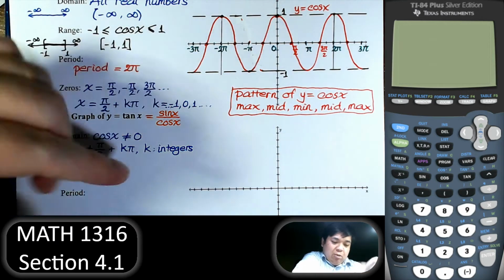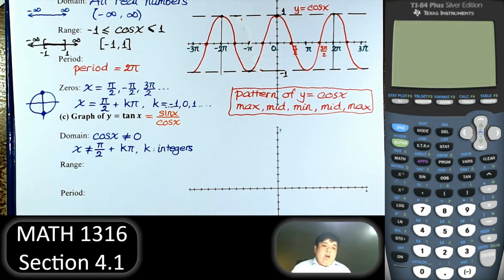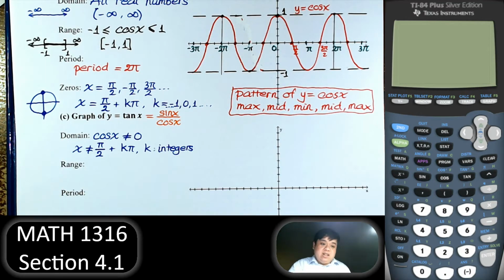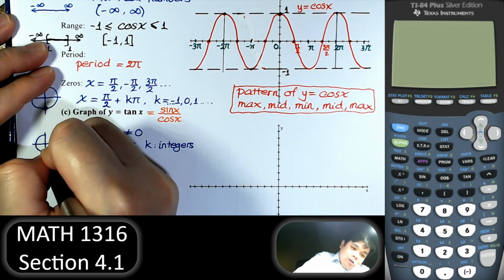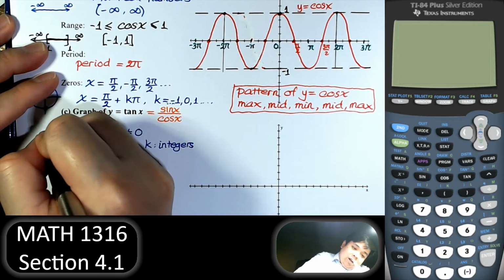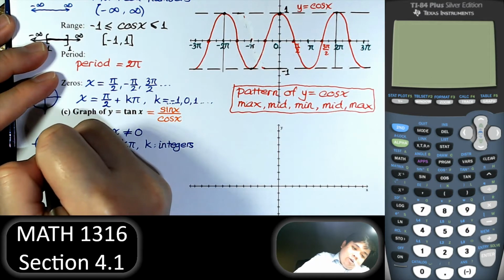Okay, I can list them or just say integers, right? Because I cannot divide by 0, the cosine cannot equal 0, so x cannot be these values. So if we have to draw it out, we cannot have these values or these values.